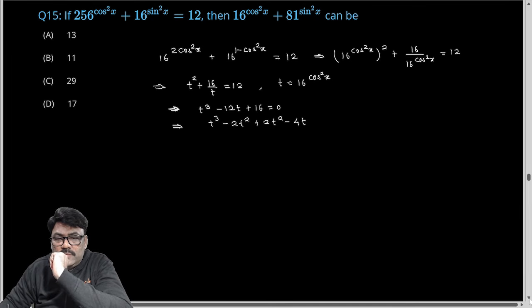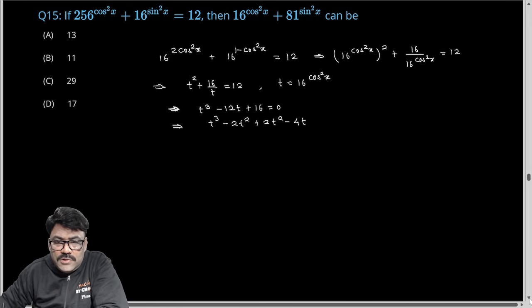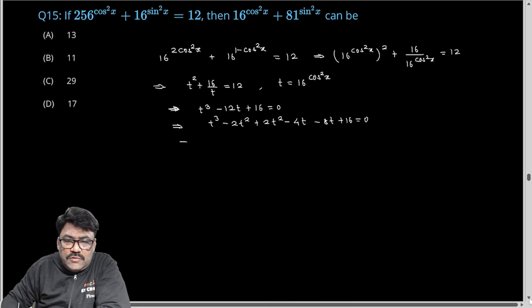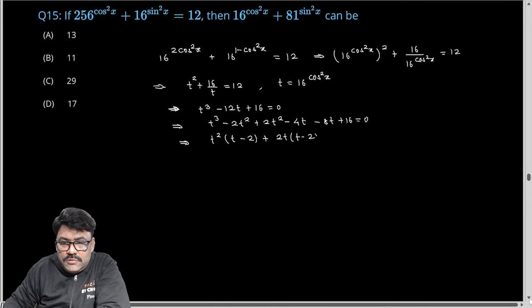So t square common, t minus 2, here 2t common, yes, t minus 2. I have minus 8, so minus 8t plus 16. It can be written like this. So from first, t square common, t minus 2. From next, 2t common, t minus 2. From last, minus 8 common, t minus 2.